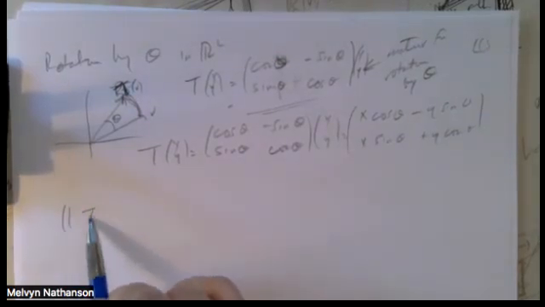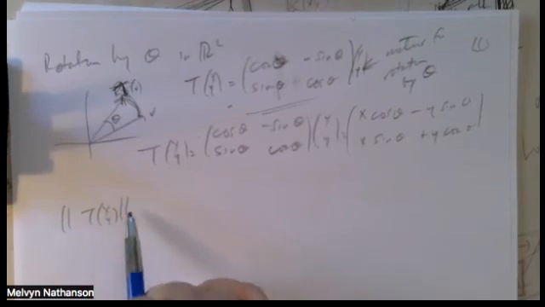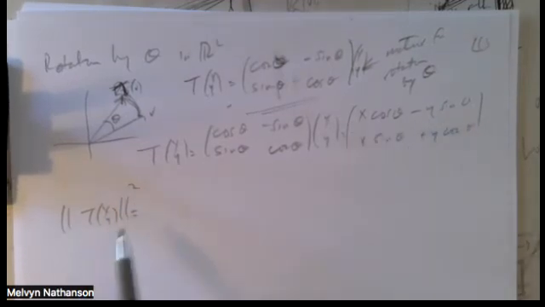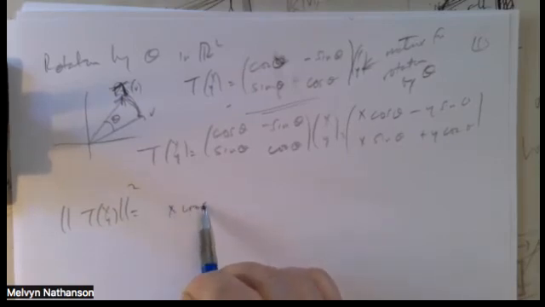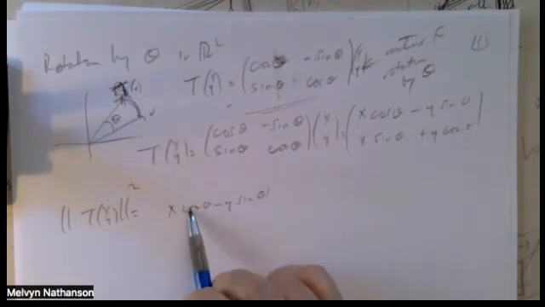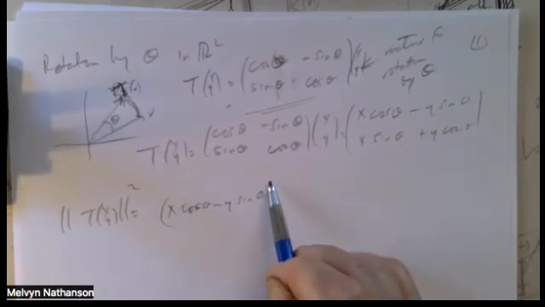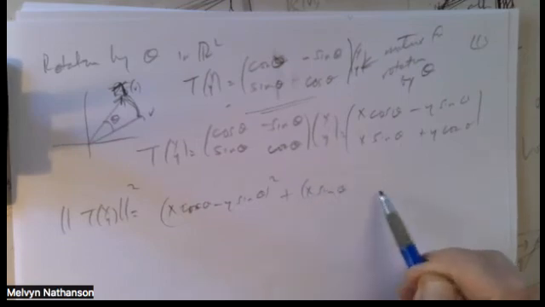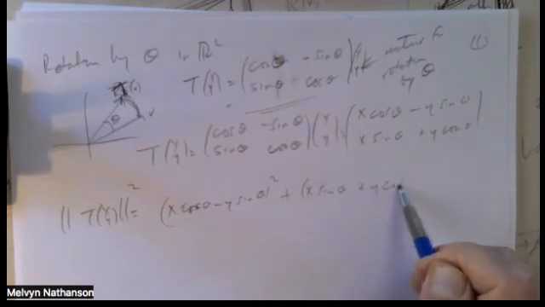So what is the length of the vector T of (x, y) squared? It's this squared plus this squared. It's (x cosine theta minus y sine theta) squared plus (x sine theta plus y cosine theta) squared.